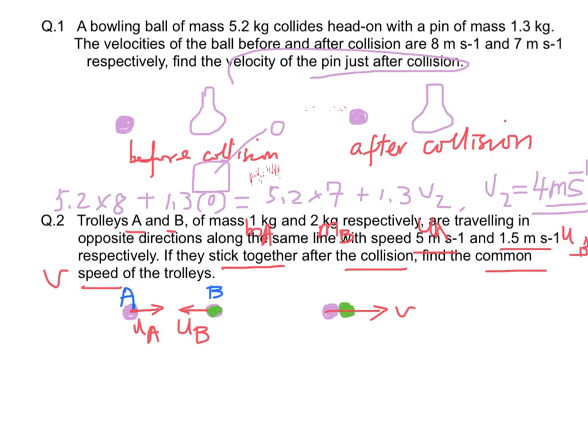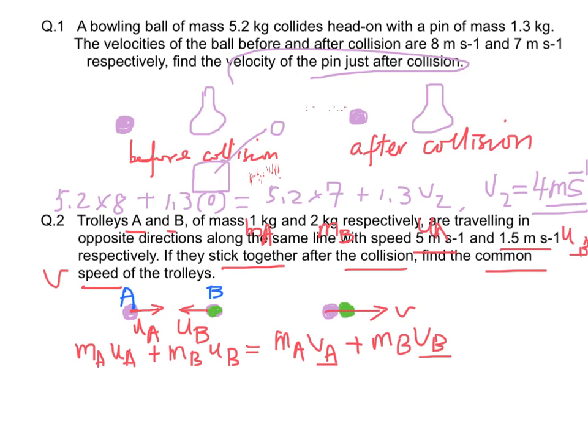By the law of conservation of momentum, we have ma ua plus mb ub equal to ma va plus mb vb. Since they stick together after collision, therefore va and vb are the same, which is equal to v. Since this is the case, we can write (ma plus mb) times v.